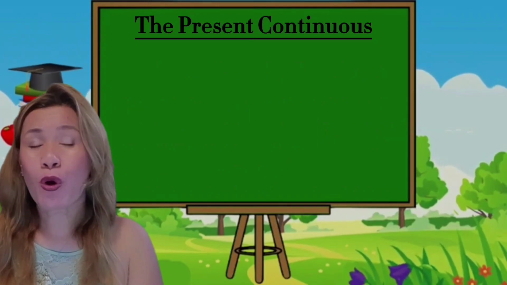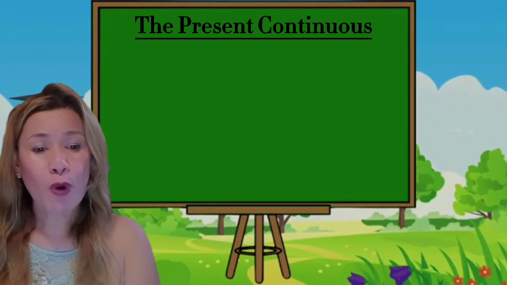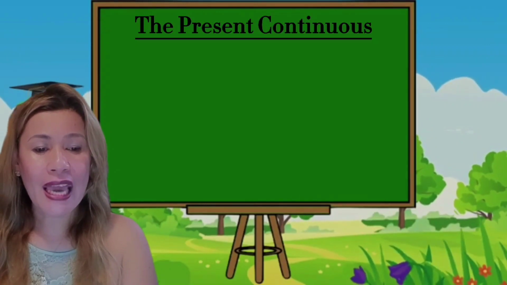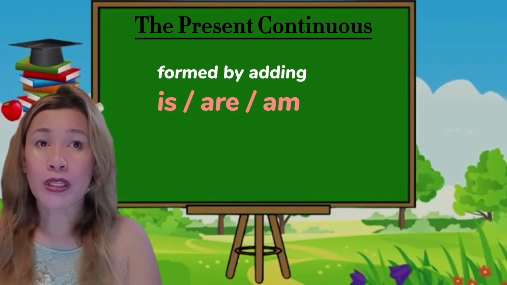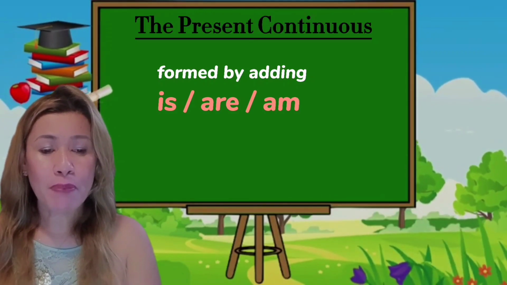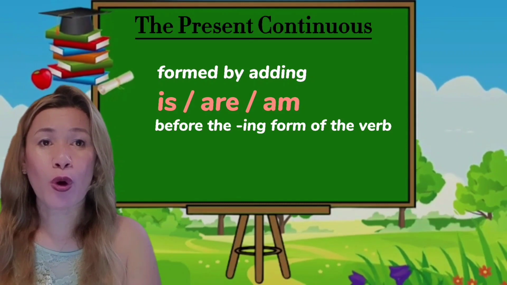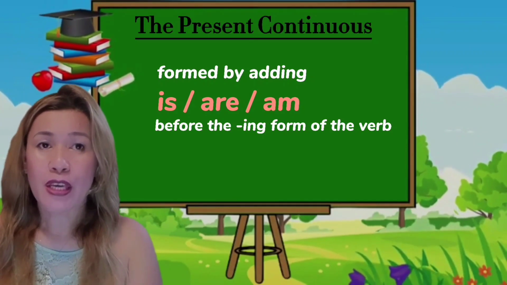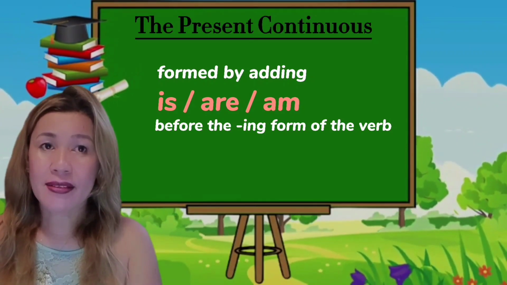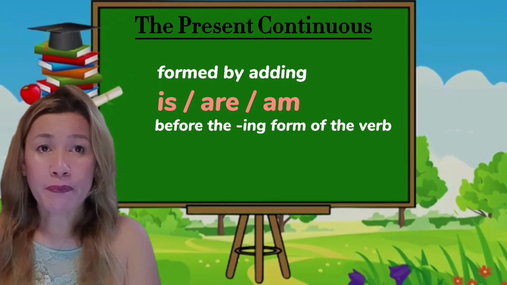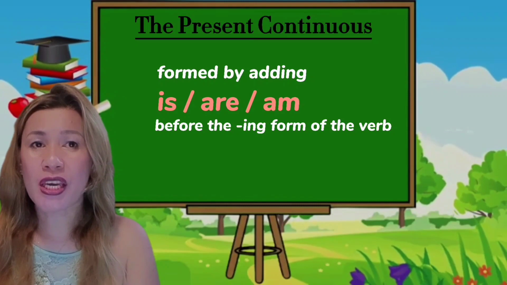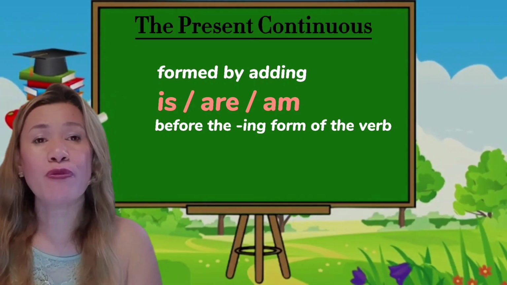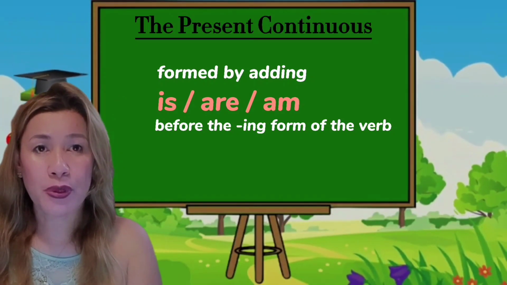How do we form the present continuous? We form the present continuous by having is, are, am, or the be verbs before the ing form of the verb. I repeat, you can have the be verbs is, are, am, and then they will be followed by an ing ending verb. So that's how we form the present continuous.